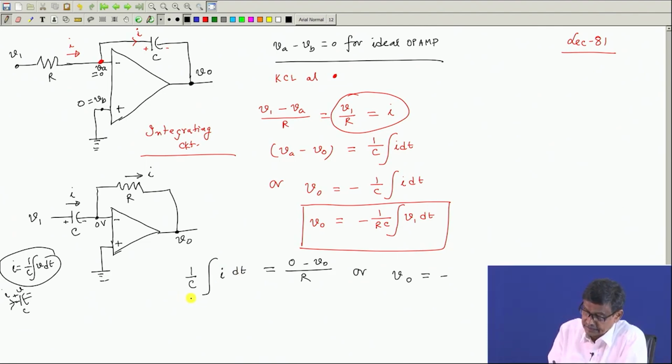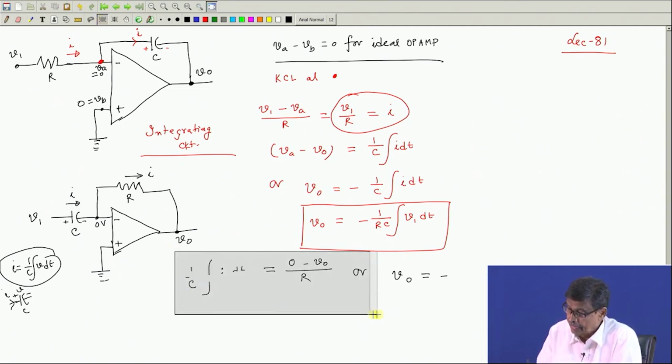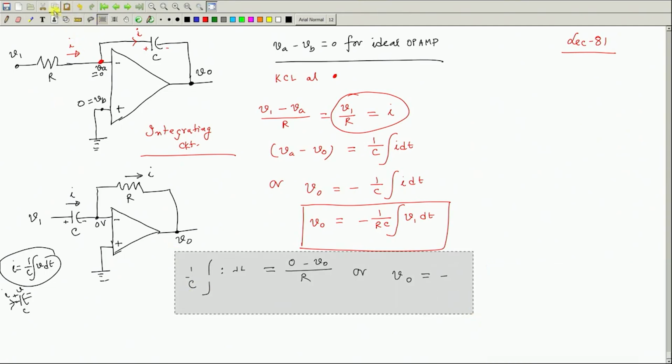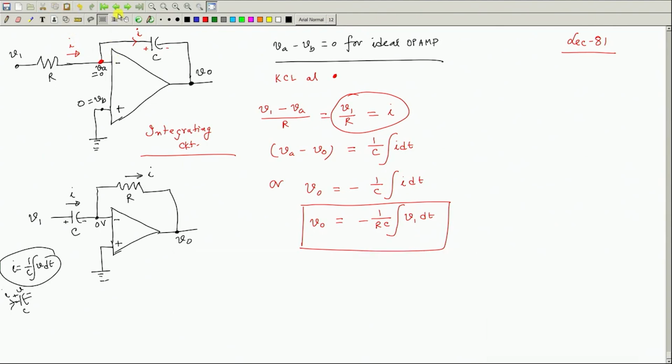Q by C is the... let me write it in a much simpler way. Just one second, I will delete it. This one was correct, no?